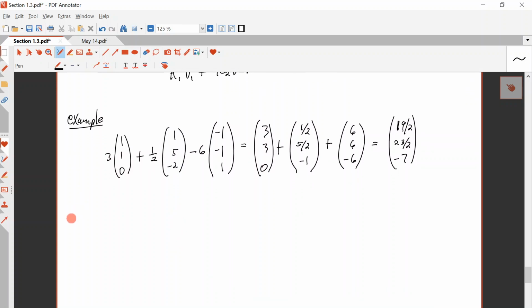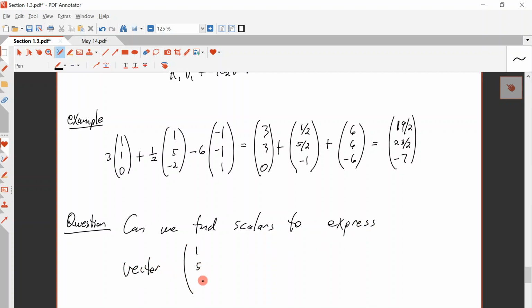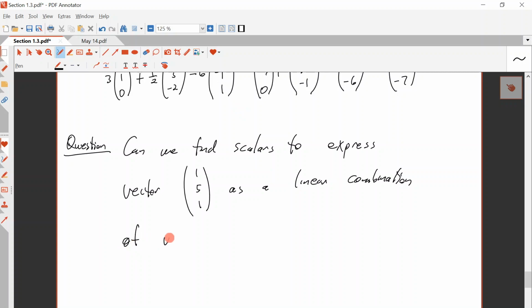Question. Can we find scalars to express the vector (1, 5, 1) as a linear combination of the vectors (3, -1, 0), (1, 2, 1), and (1, 0, 1)?